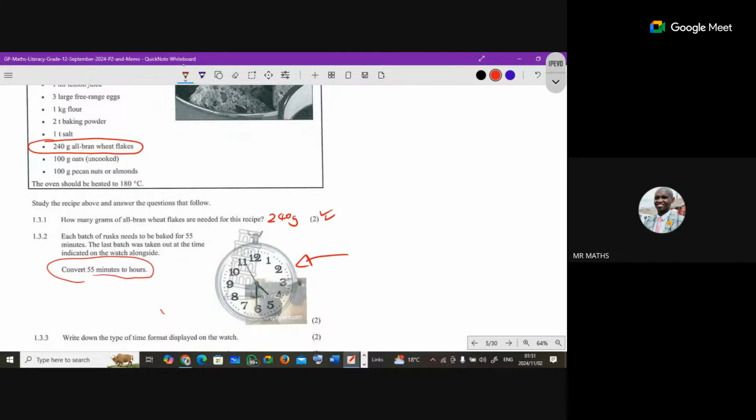You already know the ratio between hours and minutes is 60. When you are moving from minutes to hours, you are dividing, from the smallest to the biggest, but from hours to minutes, you will always be multiplying. So now we have minutes, we want hours, we have to divide by 60.